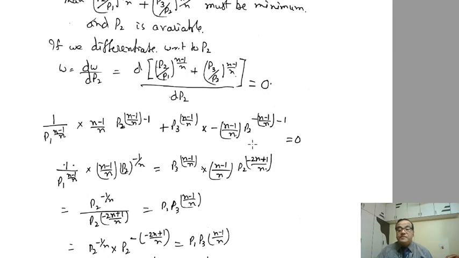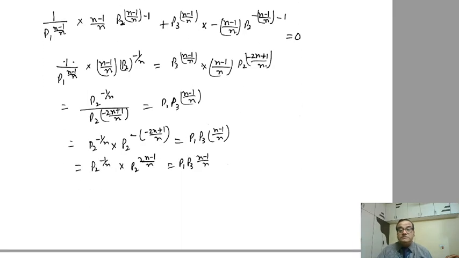Just rearranging it, P2 terms are collected together, and P1 is brought to the right-hand side, giving P1 P3^((n-1)/n).